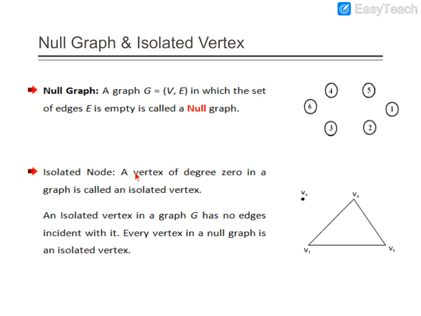An isolated vertex in a graph G has no edges incident with it. Every vertex in a null graph is an isolated vertex, because there are no edges incident with any vertex in a null graph.